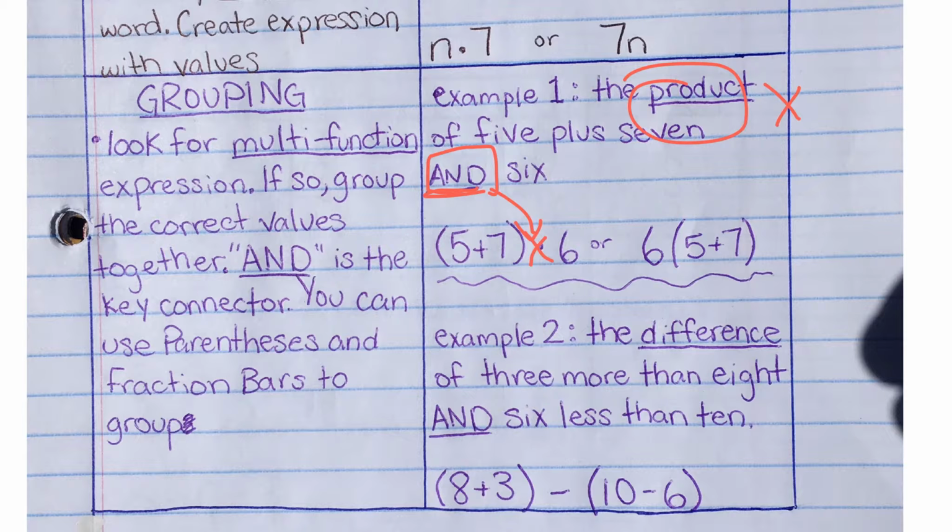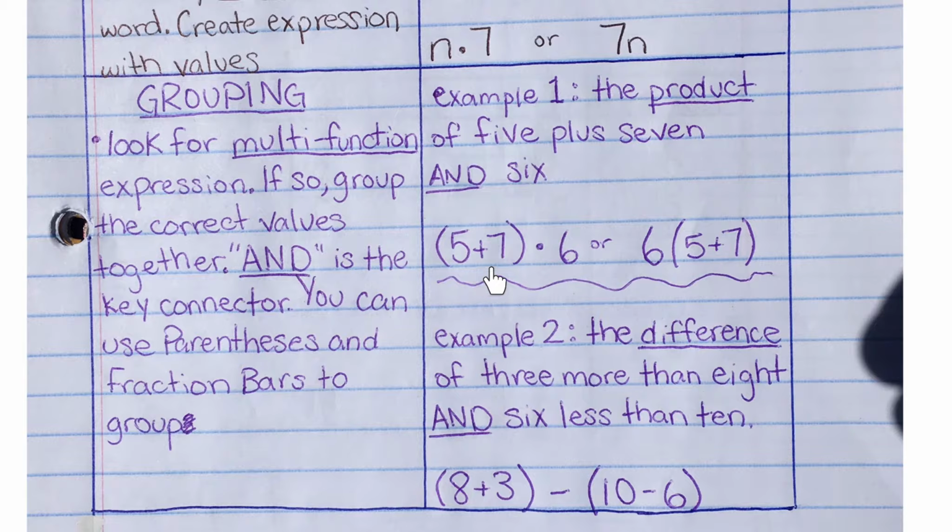Anything that comes before the word and, like 5 plus 7, needs to come before the multiplication sign. Anything that comes after, like 6, needs to come after the multiplication sign. So we're going to go ahead and get rid of all these marks and move on.